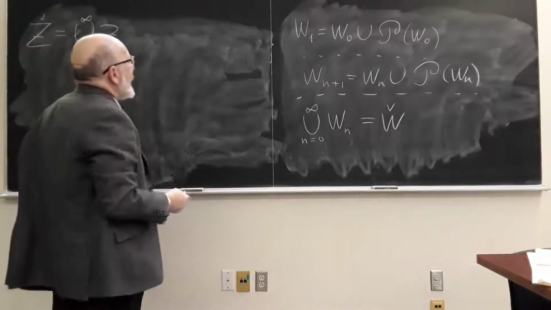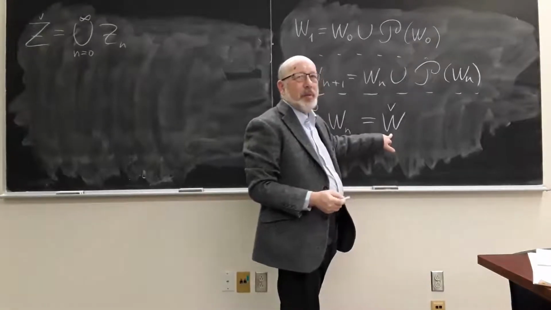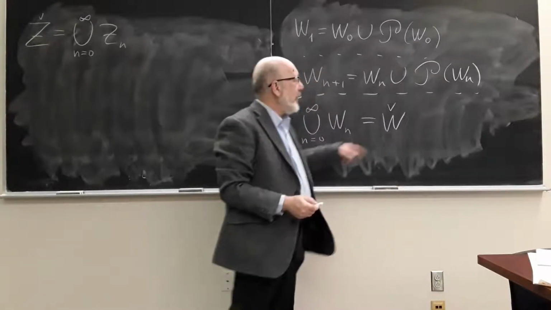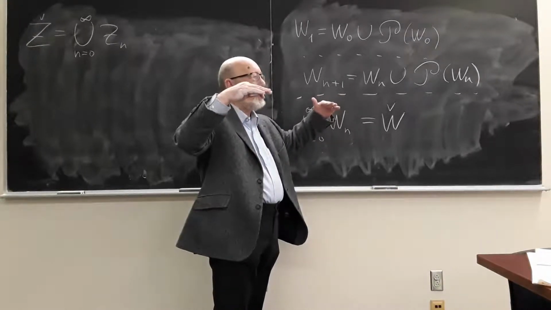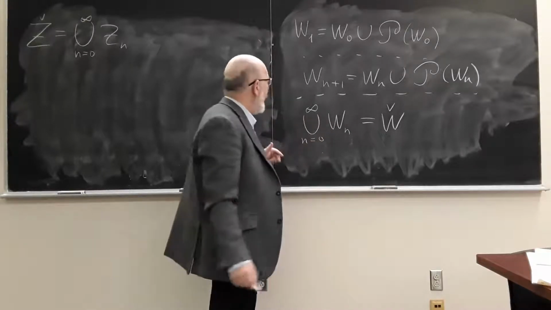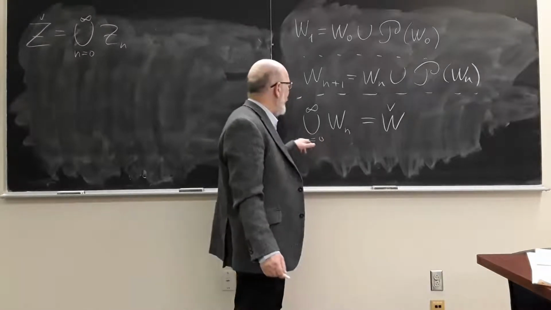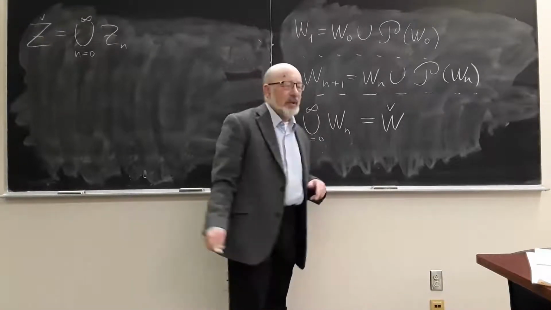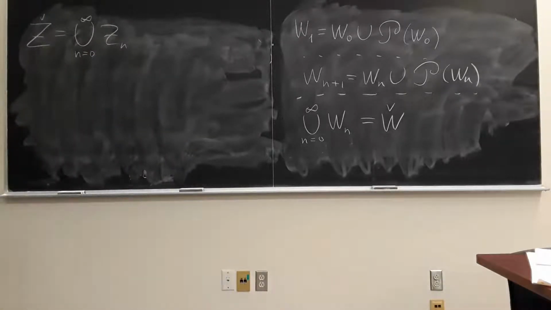So let us look. Elements of this superstructure W check are some sets. Each element is a set. Or, at the level W0, we don't regard them as sets, we regard them as individuals.